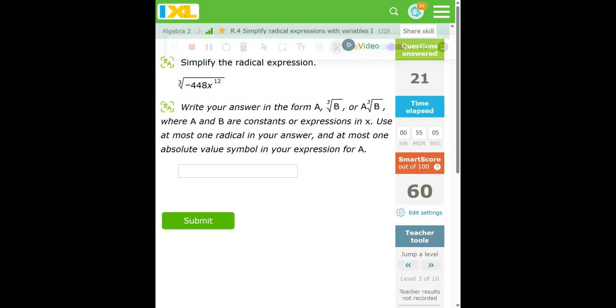So now, instead of cube root of 448, I can have cube root of 64 times 7. You see that? Two answers exactly the same. So 64 is a perfect cube. If I take it outside, it's only number 4.